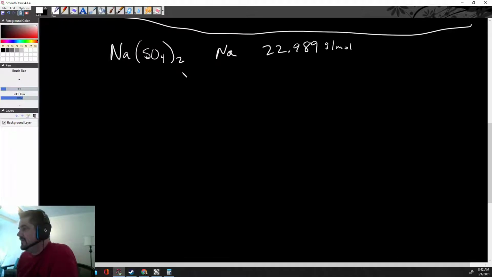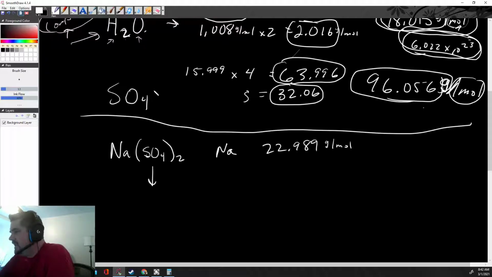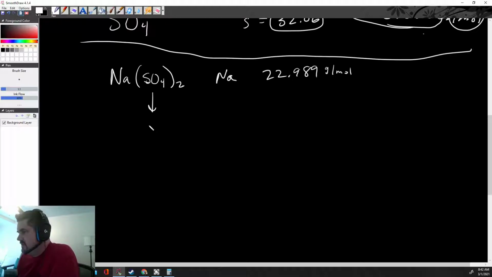That's more than enough. And then let's figure out SO4. How much does SO4 weigh? Well, we actually did that, so you can do it again if you want, but 1 SO4 weighs 96.056. If we didn't do this one yet, you would have to look at a sulfur and 4 oxygens, add them together, and get this number right here.